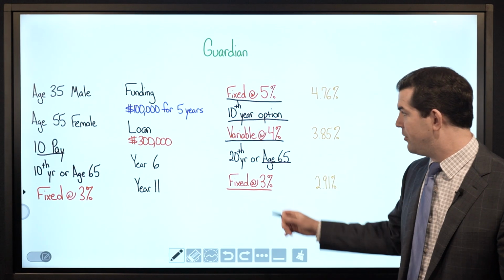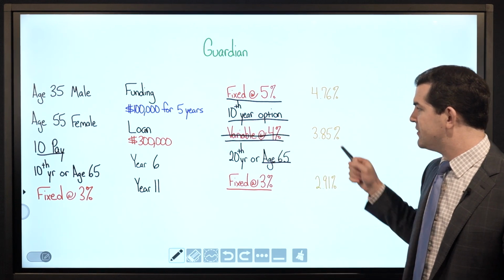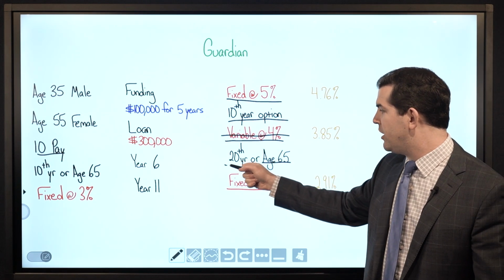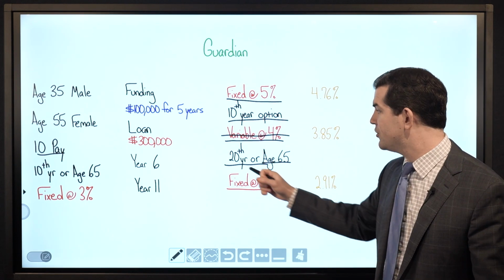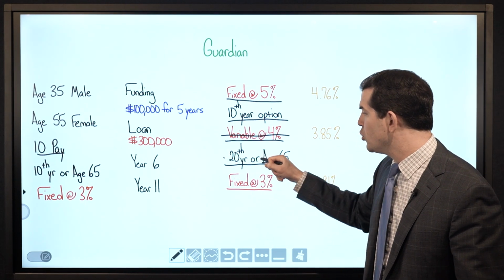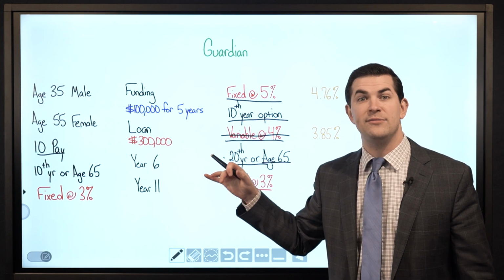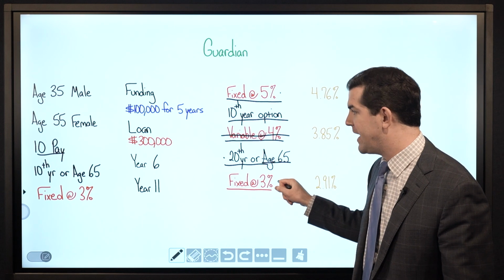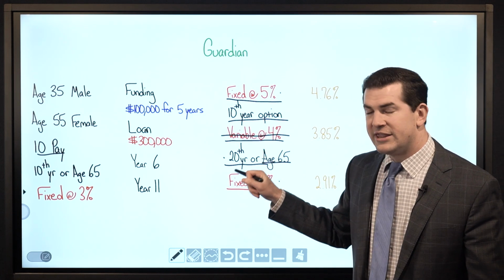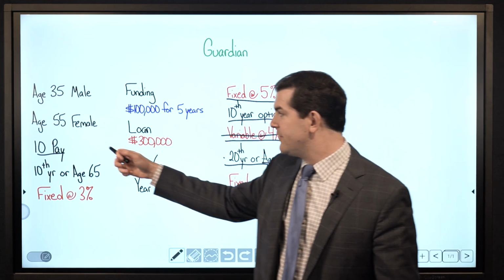Here's the difference though. If we elect to keep the fixed loan interest rate, with all other products, like their L95 that we looked at in the last two videos, at year 20 or age 65, whichever comes last, the fixed loan interest rate drops from 5% down to 3%. With the 10-pay product, here's the difference.